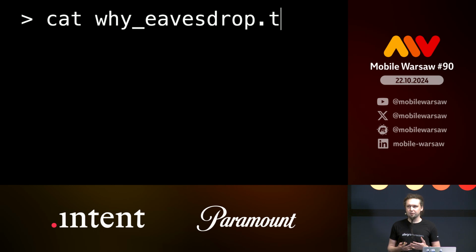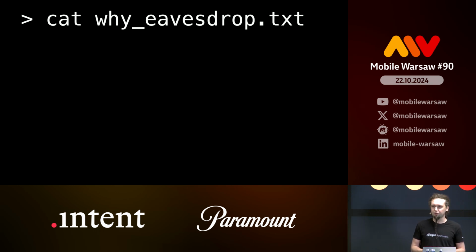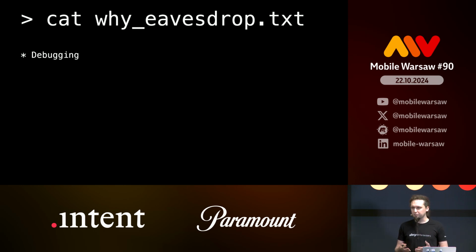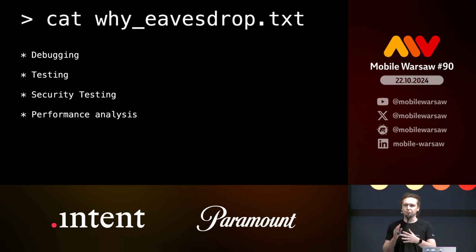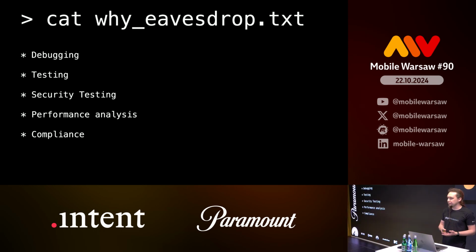So why do we even try to eavesdrop on mobile devices? Probably you will need debugging capabilities during development or while fixing some mysterious bug, or while testing, either to see the communication or to mock the communication when the backend is not yet there, while testing for security vulnerabilities, then to analyze performance to see how many requests there really are in the mobile app, how large are responses for those requests, then to verify compliance, maybe with company standards, maybe with legal requirements.